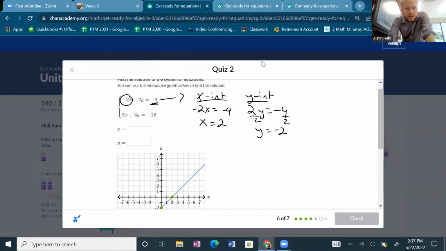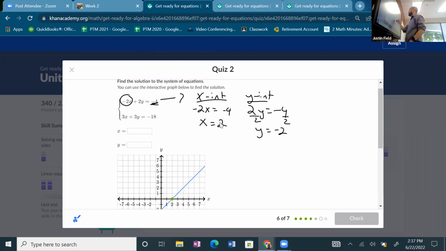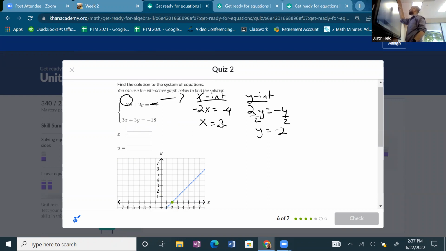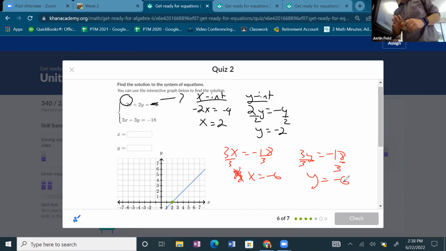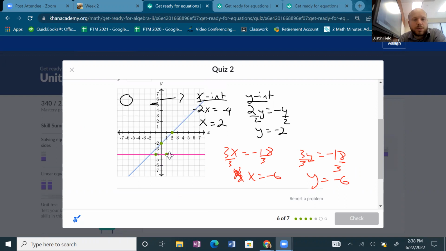Then the other line, same thing: 3x equals -18 and 3y equals -18. Divide by 3, and x equals -6 and also y equals -6. They both equal -6, so let's put the points at -6.